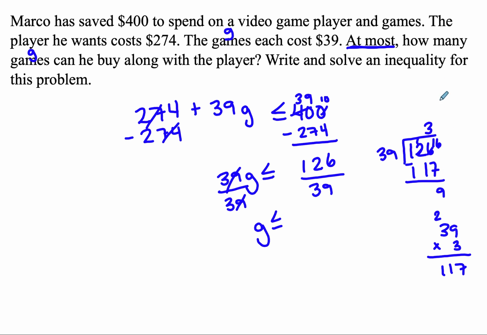I've reached the end of my number. I'm going to do a mixed number, 9/39ths. So G is less than or equal to 3 and 9/39ths. I can't buy 9/39ths of a game. So for my number of games, this one we need to round down because I can't buy more than this amount. 3 games.